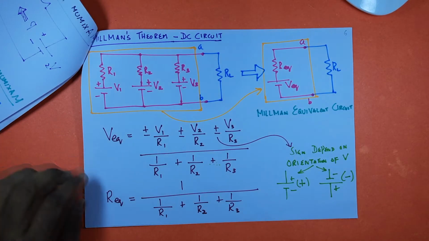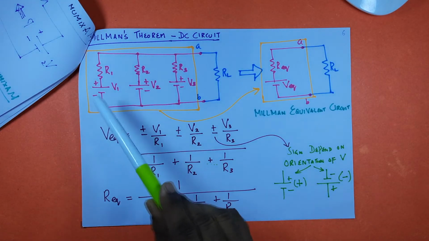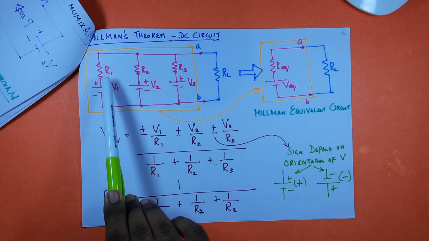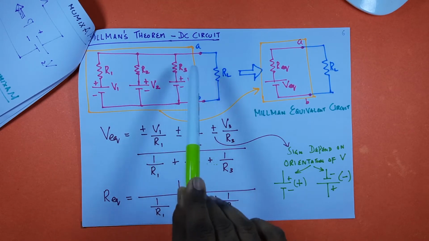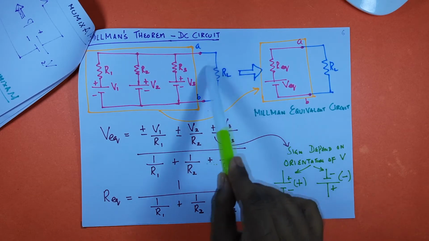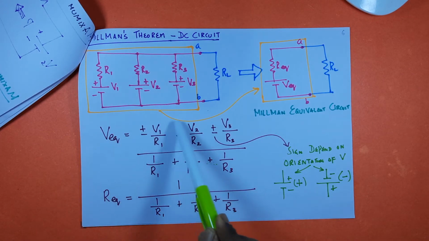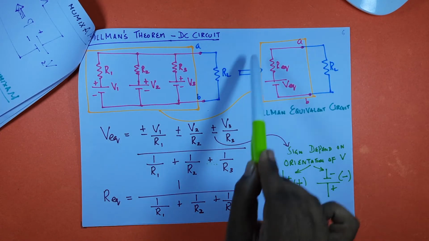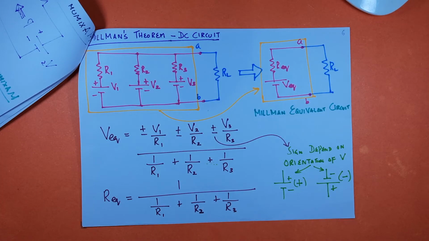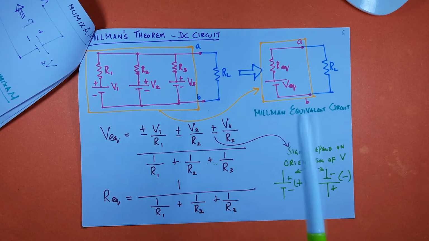Next we have Millman's theorem for DC circuit. Here we have 3 or more voltage sources connected in parallel, V1, V2, V3. Their internal resistances are R1, R2, R3. These 3 are connected in parallel. Across the terminals AB, we have the load resistance RL. Through the Millman equivalent circuit, you can draw like this: a single voltage source in series with a single resistance. So this is your Millman equivalent circuit.